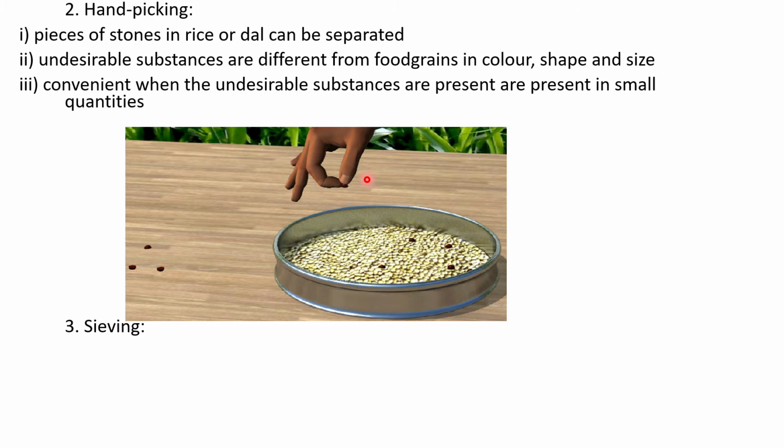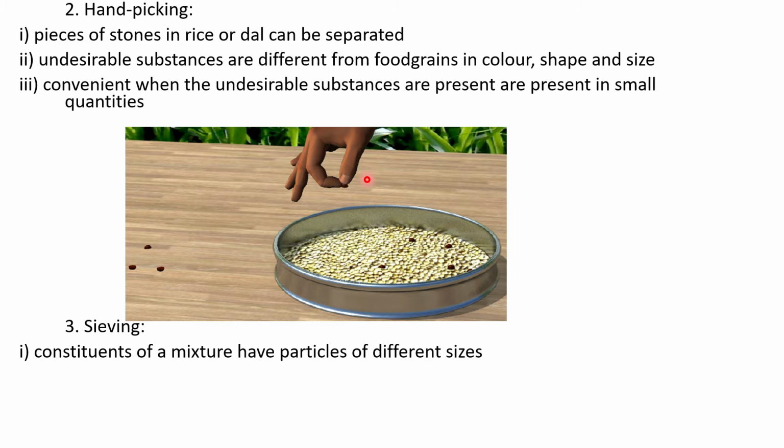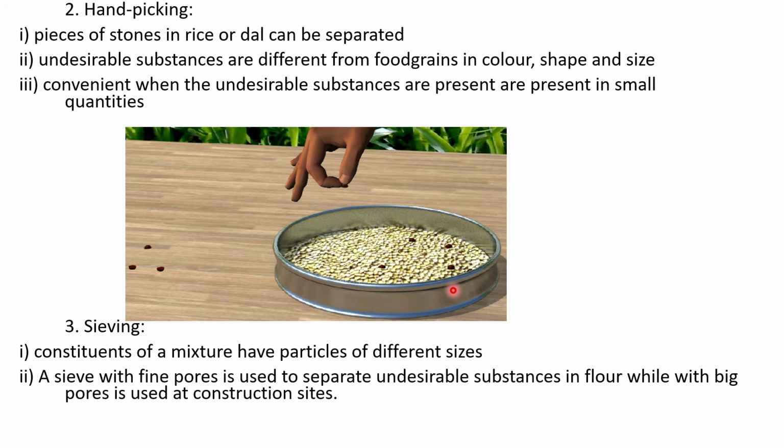Next is sieving. Sieving is another method used for separating solids from other solids, where constituents of a mixture have particles of different sizes. So this is basically focusing on different sizes. A sieve with fine pores is used to separate undesirable substances in flour, while one with big pores is used at a construction site.